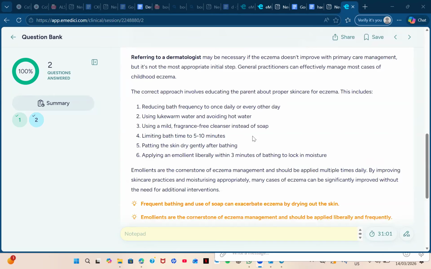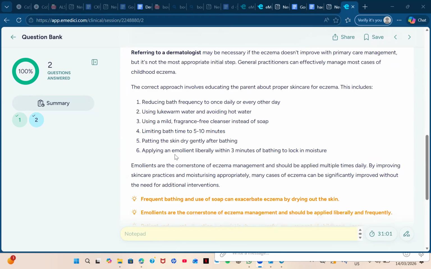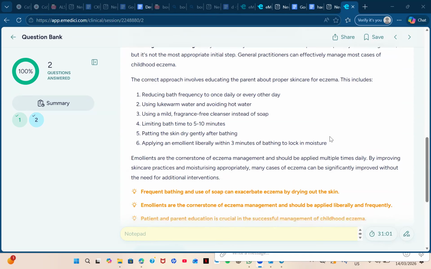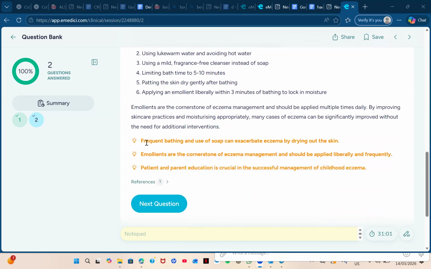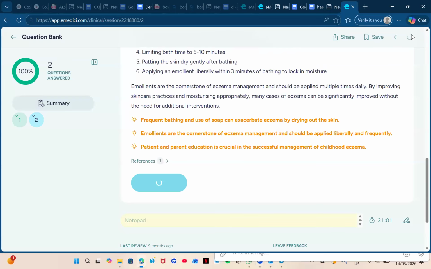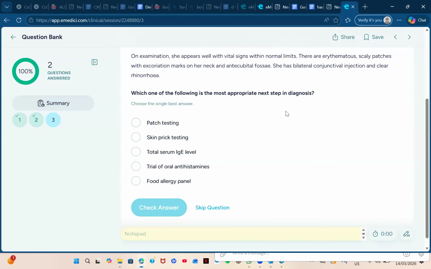Limit bath time to 5 to 10 minutes and pat the skin dry gently after bathing. Apply an emollient liberally within 3 minutes of bathing to lock in moisture. So remember, emollients are the cornerstone of eczema management and should be applied liberally and frequently. Hope you understand it. Very high yield, doctors.